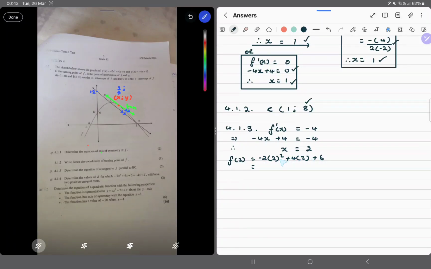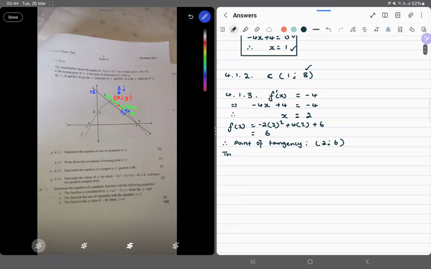Okay, this is minus 8 plus 8, it goes away, so that leaves me 6. Okay, so we can say therefore the point of tangency is such that (2, 6).